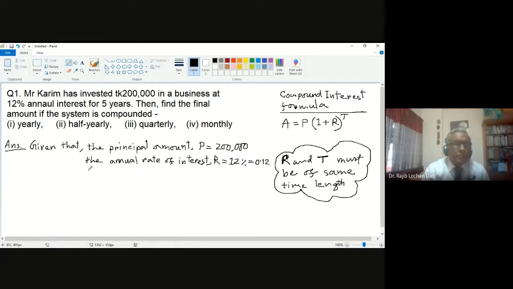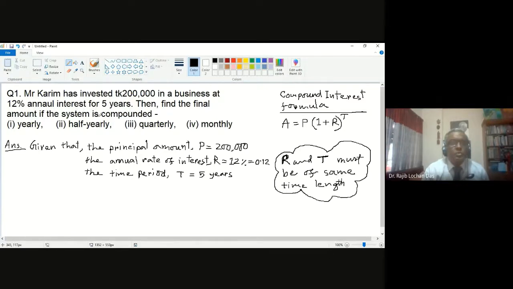And the time period is also given. Time period is also given in year. So be careful, time period is T and this is given in year. So it is 5 years. Now these are the given information and you calculate the final amount. But when you calculate the final amount, this is compound interest system.